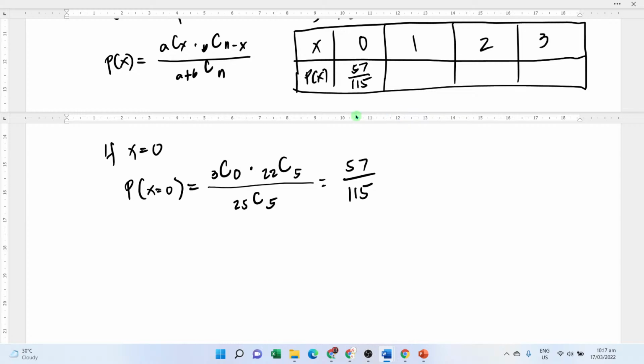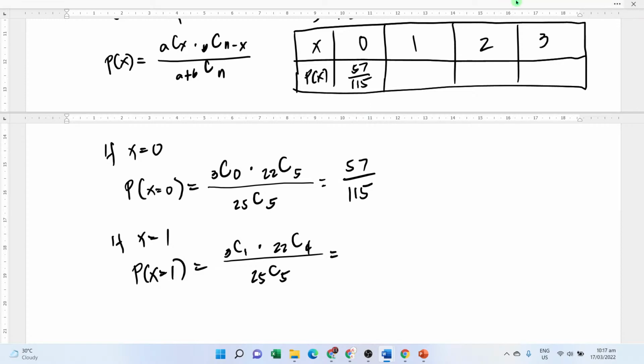Okay, so let's continue. If x is equal to 1, then the probability of x equals 1 will be 3 combination 1 times 22 combination 5 minus 1, that will be 4. So you see the pattern. Then in the denominator we still have 25 combination 5.